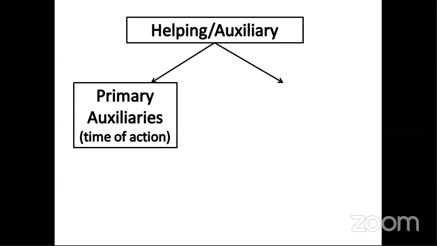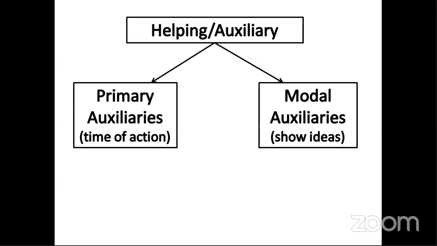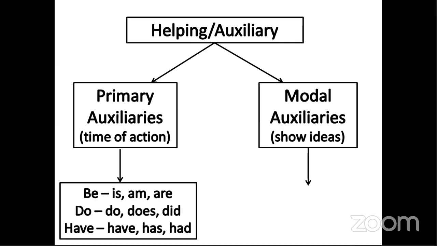Now these helping verbs, which especially we saw last time, like is, am, are, was, were, and have, has, we basically divide them into two parts. One is called the primary auxiliaries, which indicate the time of action, which we were using for tenses to identify the tenses. We saw all this already: is, am, are, do, does, did, have, has, had. They are called primary auxiliaries or primary helping verbs.